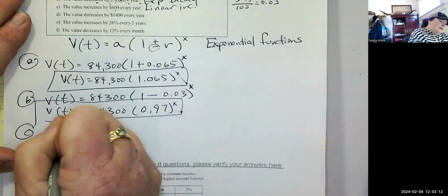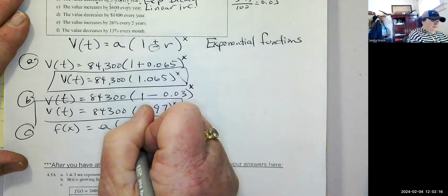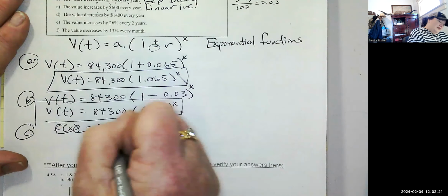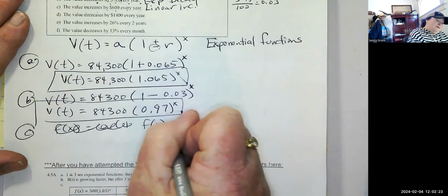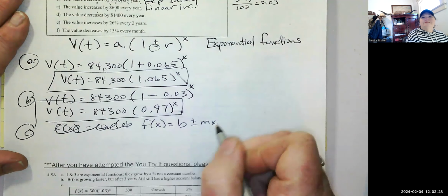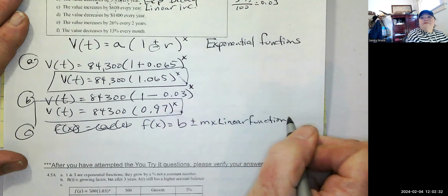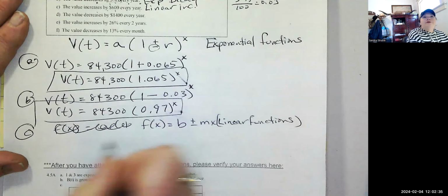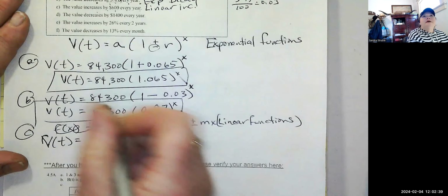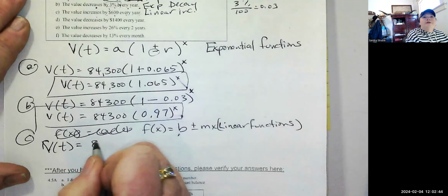So I'm going to use f of x is equal to, remember, it's a1. Is this what I did for linear functions? No, I'm so sorry. F of x is equal to b plus or minus mx for a linear function. All right, so for this one, I have to use my v of t instead of f of x. And I know my b, which is my initial value, is 84,300.